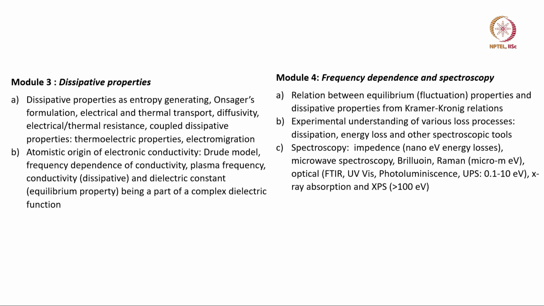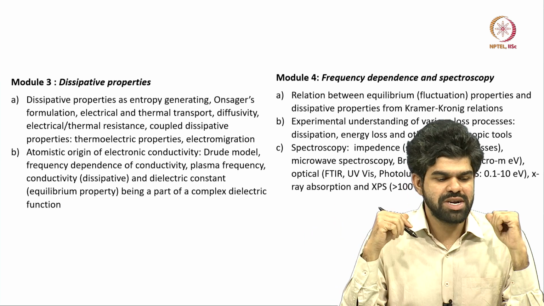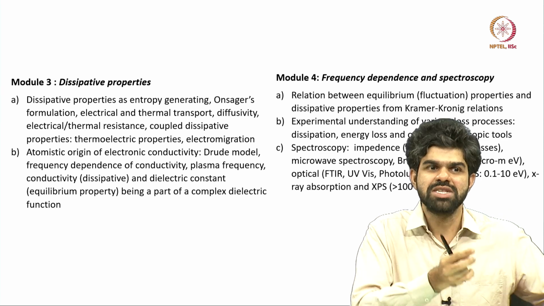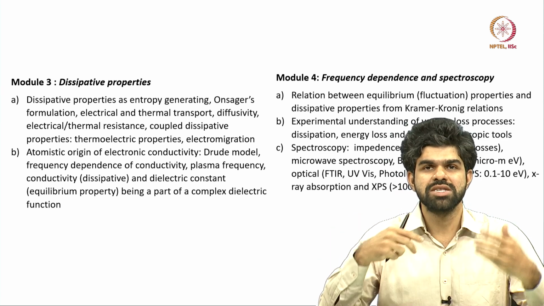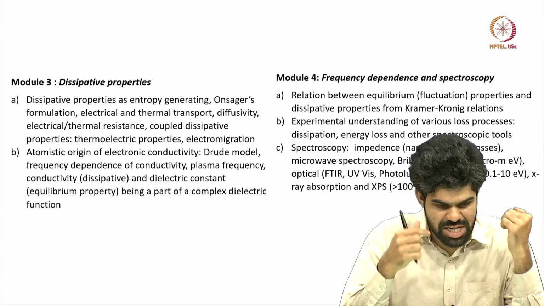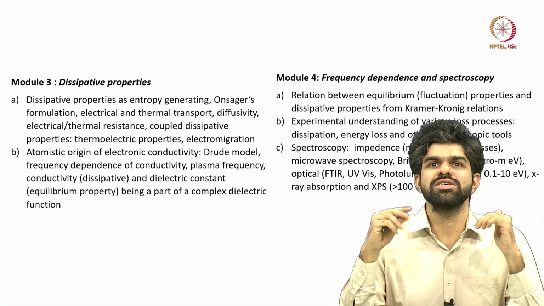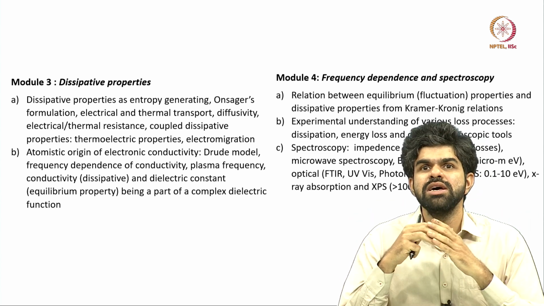So these have 2 different frameworks: thermodynamics tells us all about equilibrium properties, while kinetics or Onsager's formulation tells us more about the dissipative properties. So we will look at properties that are dissipative in nature.